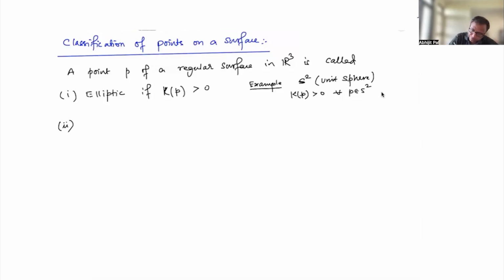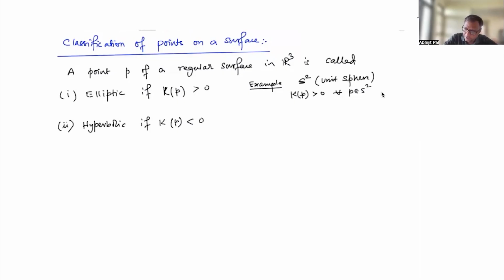Second, hyperbolic. So this point P is called hyperbolic if K_P is less than 0.